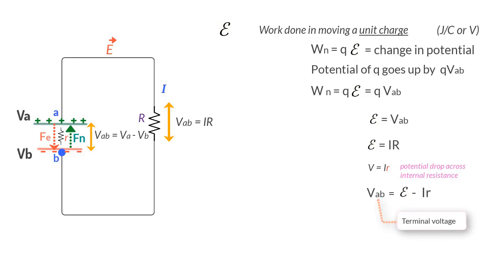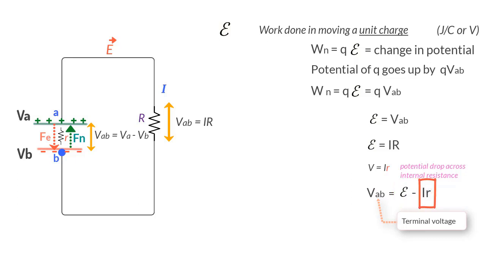Look at it another way, the increase in potential energy of unit charge VAB as a charge moves from B to A inside the source is now less than the work done by the electromotive force, since some potential energy is lost in overcoming the internal resistance.